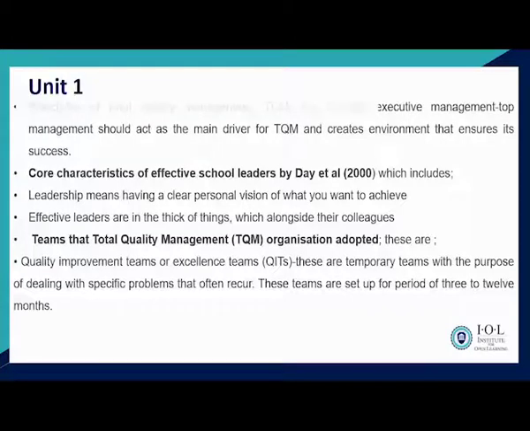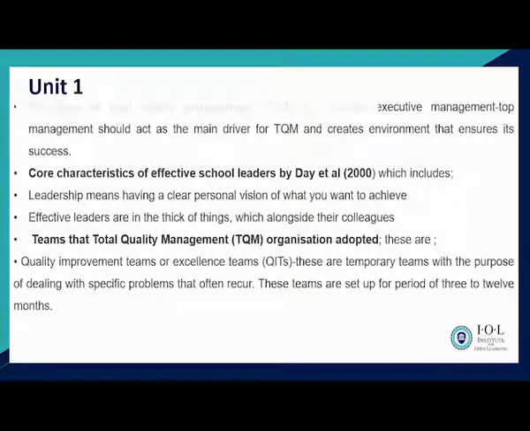And also effective leaders are in the thick of things, which are alongside their colleagues. In other words, Day is saying there must be clear vision to help the leader to achieve their goals.